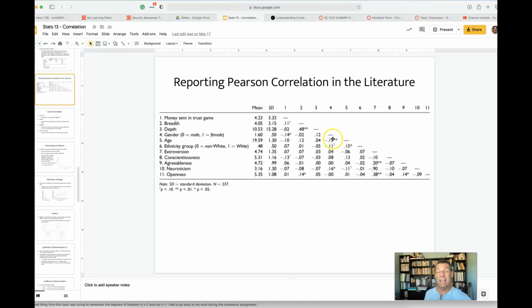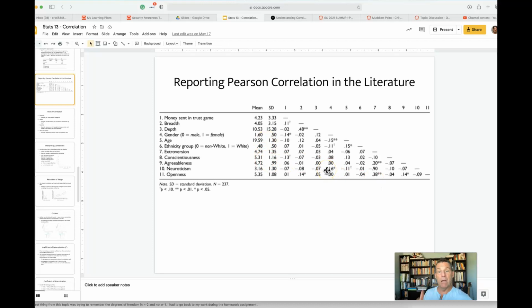So the probability of getting that, if there were no correlation between, in this case, gender and age, would be less than 0.01, so it's a less than 1% chance of getting that just by chance. Whereas this one here, the 0.15 here, is the correlation between ethnicity and age. That's going to happen less than about 5% of the time. Okay, so they're ways to kind of look at which ones are significant.